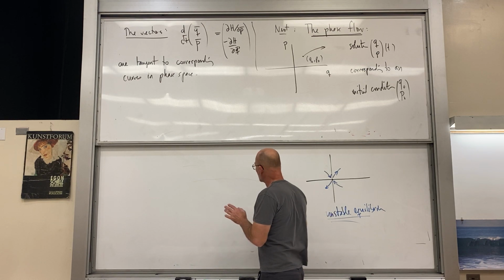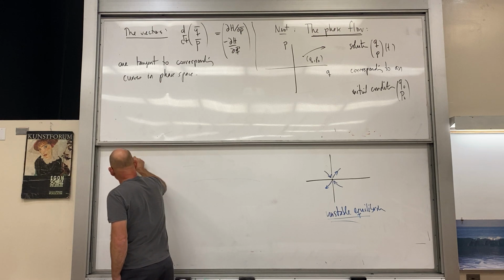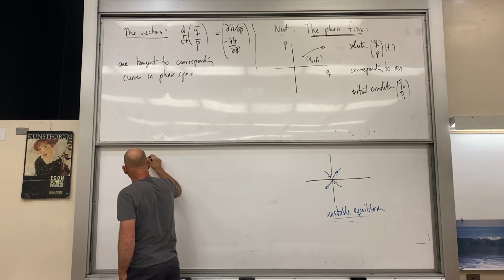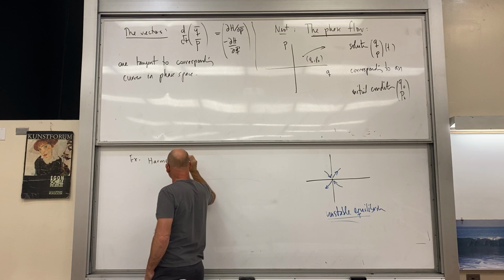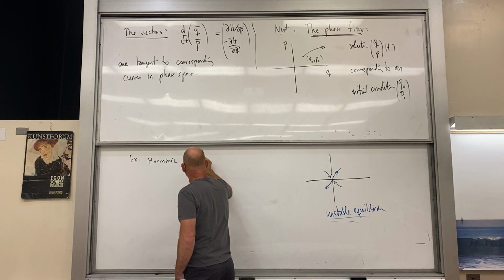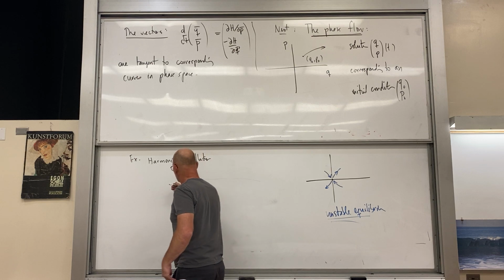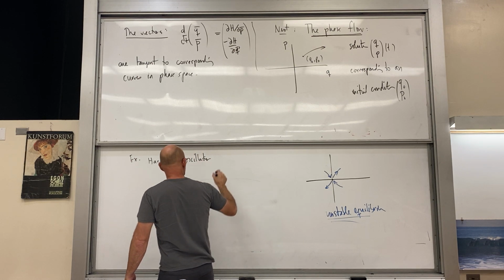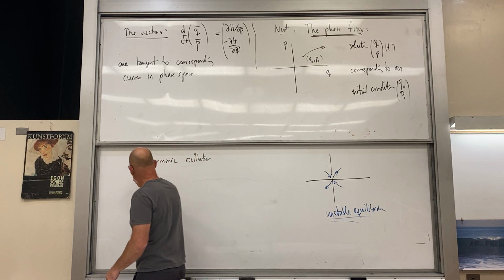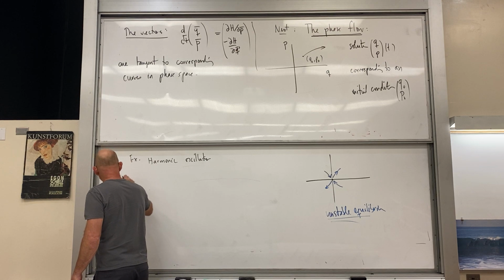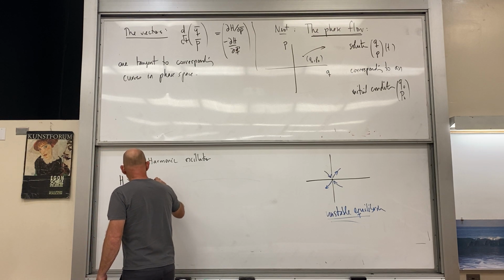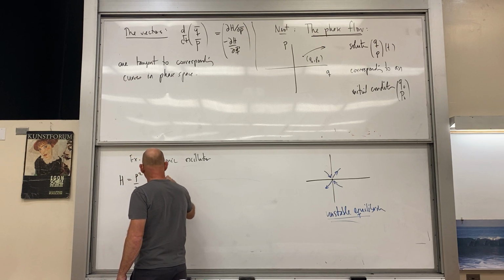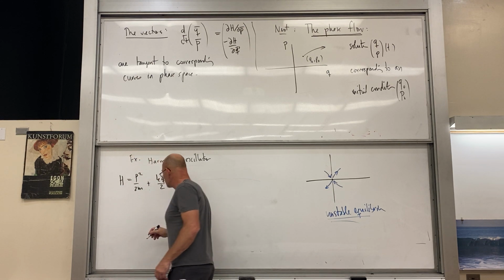So we're using as our example the harmonic oscillator because we know that solution very well. Okay. So again, just to have everything up here, H equals P squared over 2m plus K Q squared over 2.